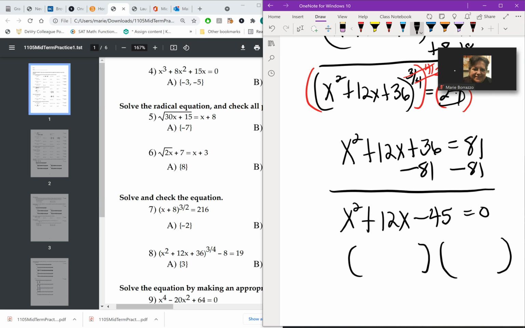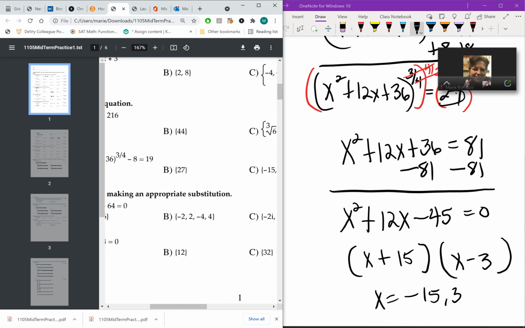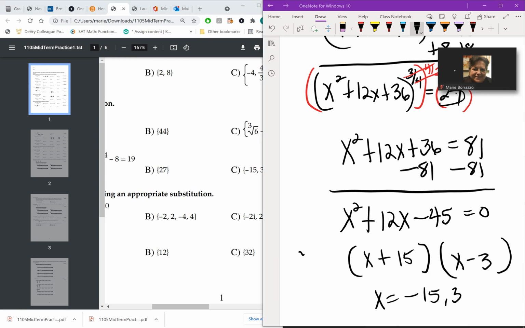So I'm thinking that if this is (x + 15)(x - 3), that would work. So my solutions are equal to negative 15 and positive 3. And so for number 8, our solution should be C, which is negative 15 and 3.